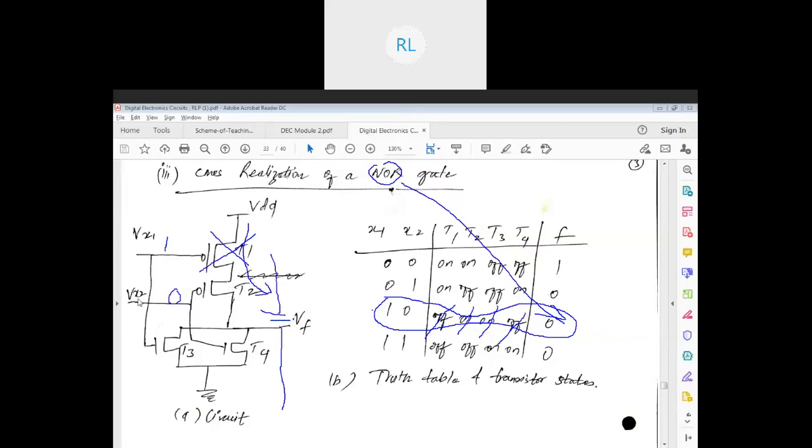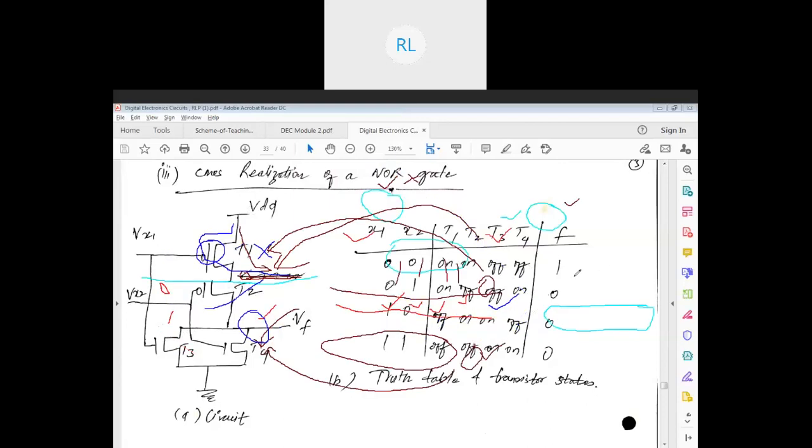Since there is a 1 here, this is actually broken, which means this switch is off and this is on, so I cannot pass VDD to my capacitor. Will it happen? Someone respond, will it happen? Because T1 is broken, right? So which means I will not get VDD.